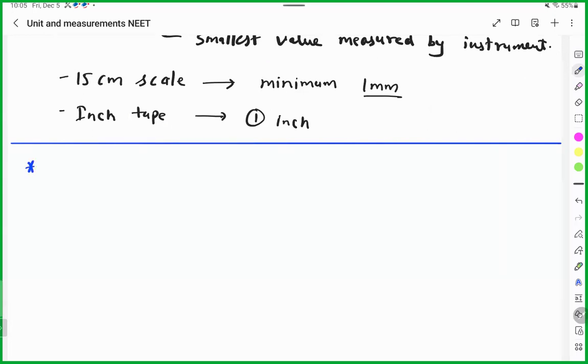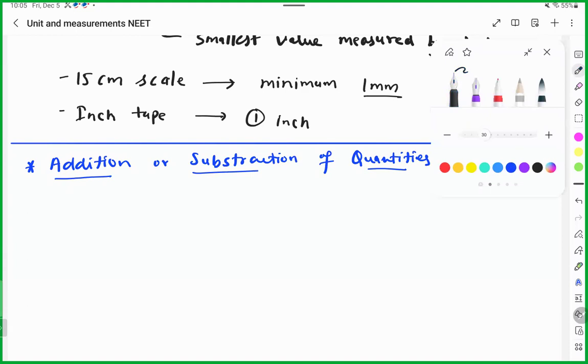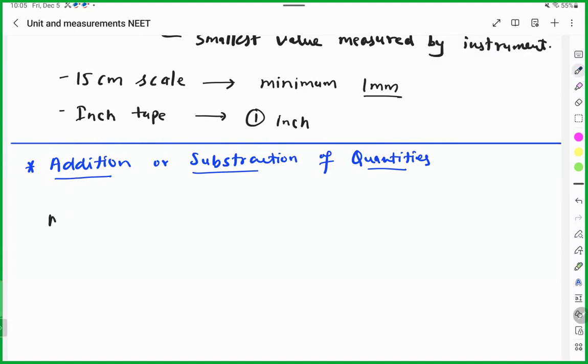In case of addition or subtraction of quantities, if you calculate the maximum absolute error, the error will always be added, the sum of the absolute errors.